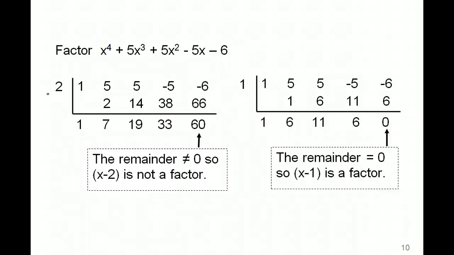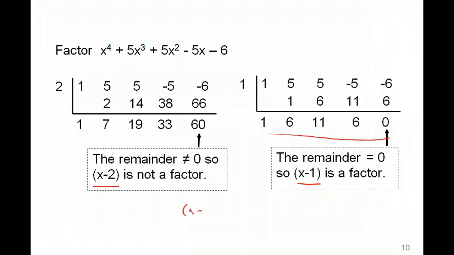When I divide by a 2 using synthetic division, what I'm really testing is to see if x minus 2 is a factor. Now if I put a 2 here, I don't get a remainder of 0, which means x minus 2 is not a factor. If 1 gives me a remainder of 0, that means x minus 1 is a factor.